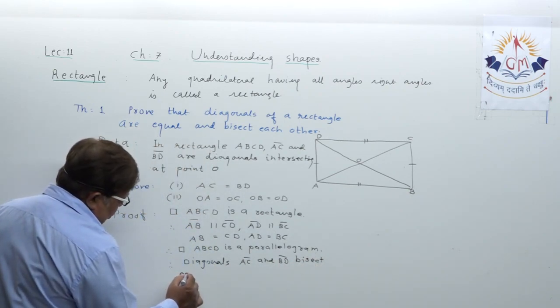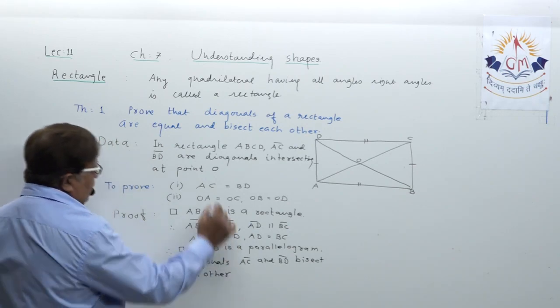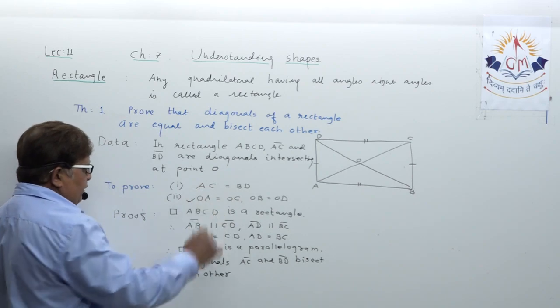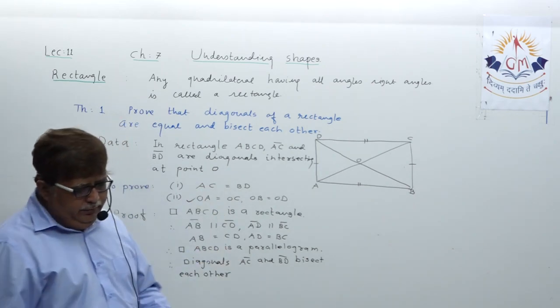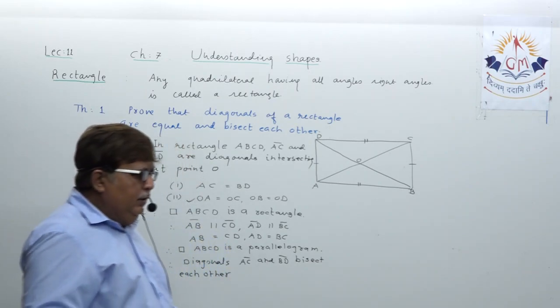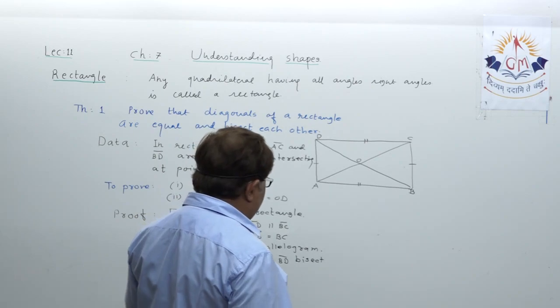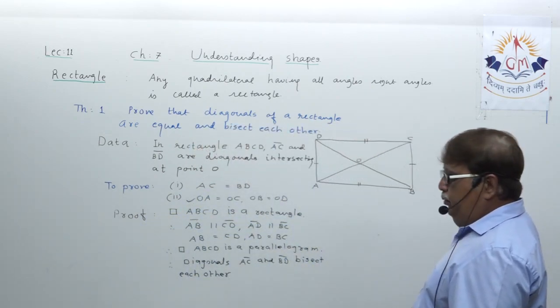This one fact is proved. We do not have to move further for this. Just prove it as a parallelogram, which means diagonals bisect each other. That has already been proved.